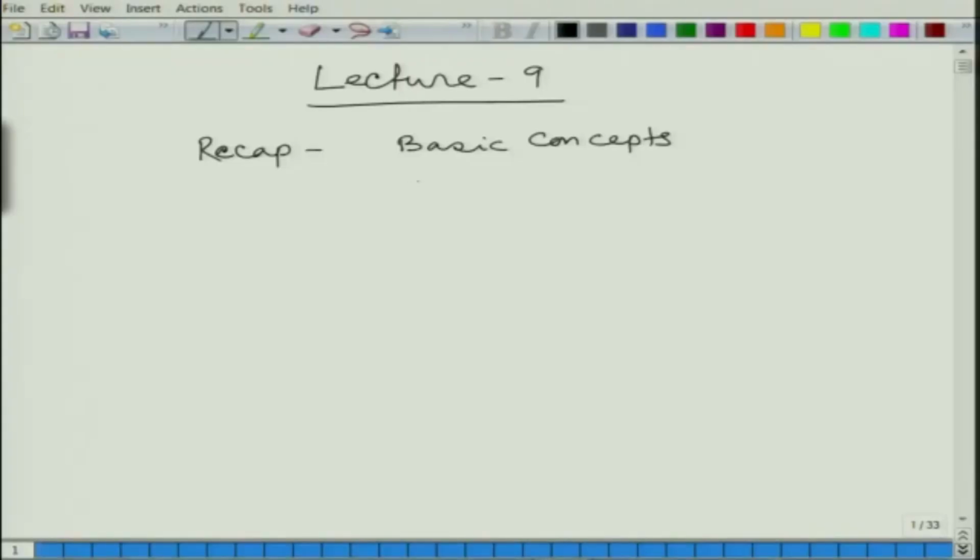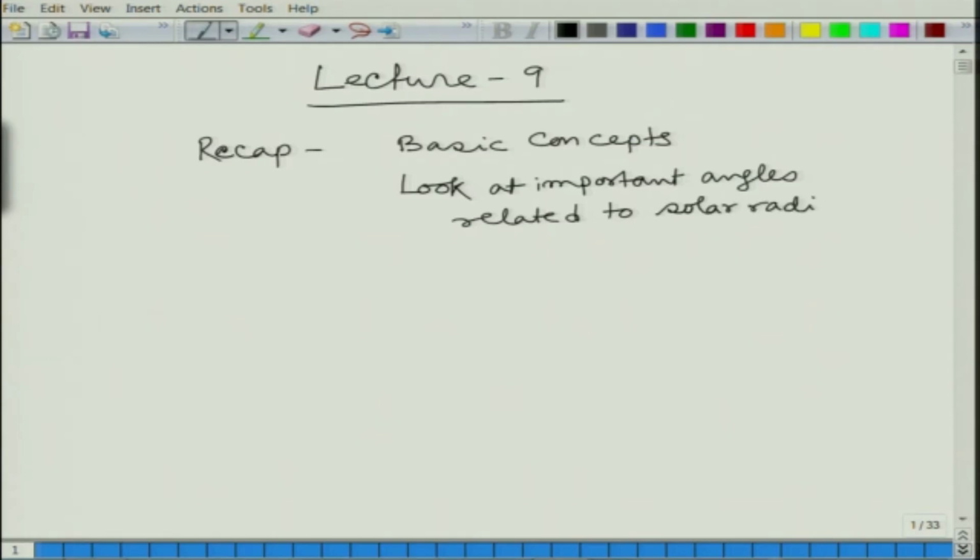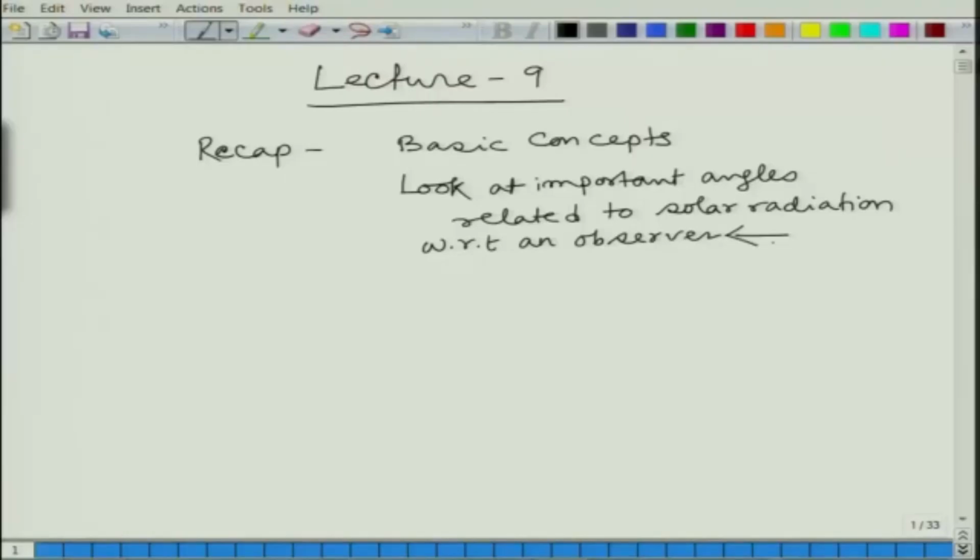Those are the basic concepts, and now we have started to look at important angles related to solar radiation with respect to an observer, or rather, for a solar collector system, how much radiation we can expect and all those things, and that is why we are interested in these important angles and their correlations.